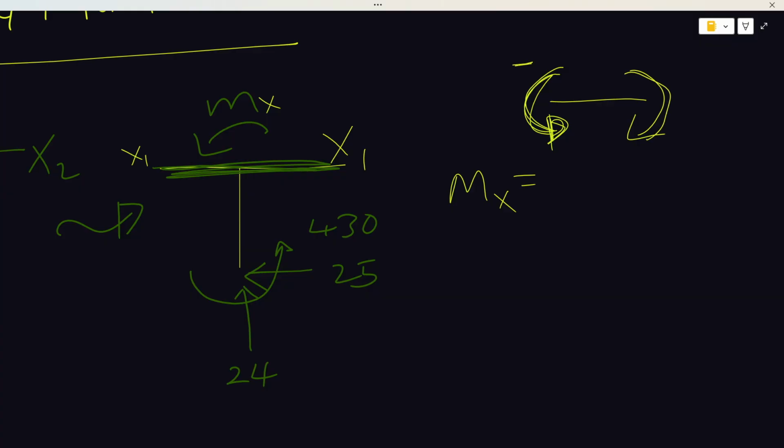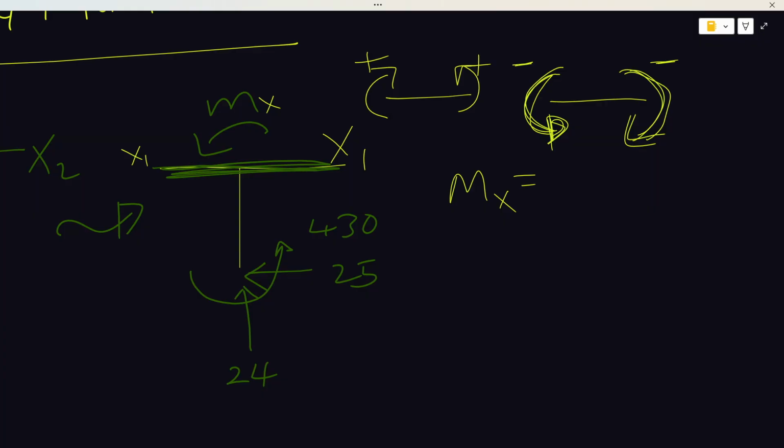Similarly, if this is trying to bring my beam downwards, trying to make my beam bend in that manner, I'll give it minus also. However, if it's trying to make my beam pull upward, it's positive.